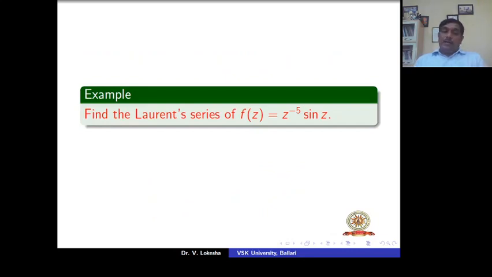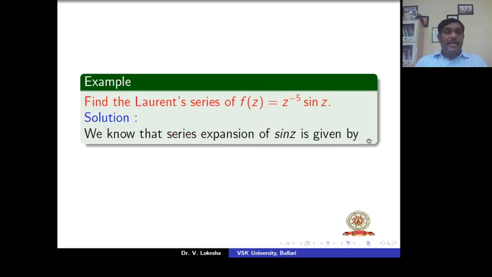Now we will give one more example related to the Laurent series of this function. f of z is equal to z to the power of minus 5 into sin z, or sin z divided by z to the power of 5.